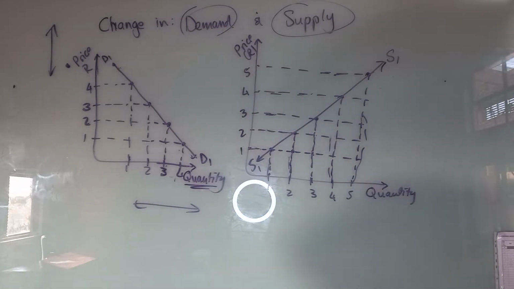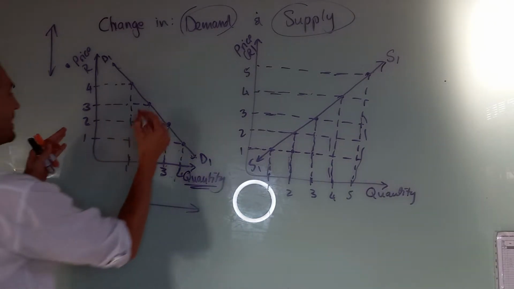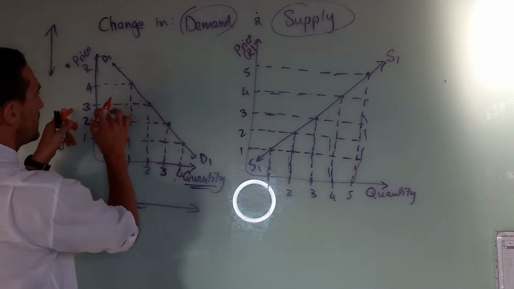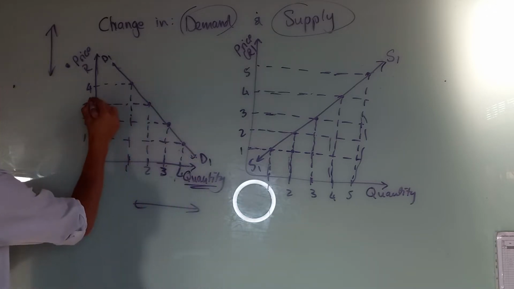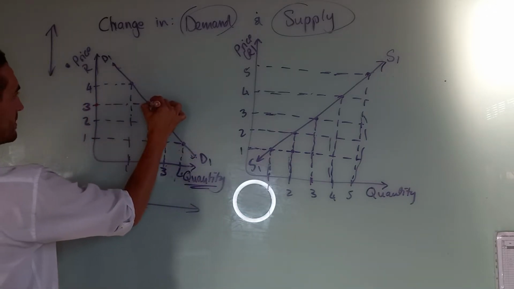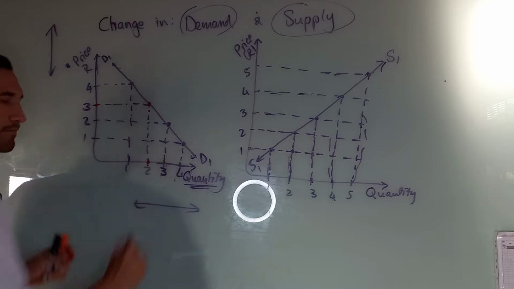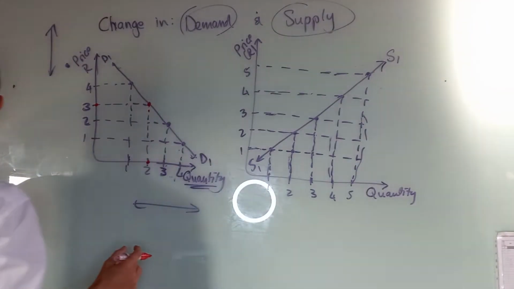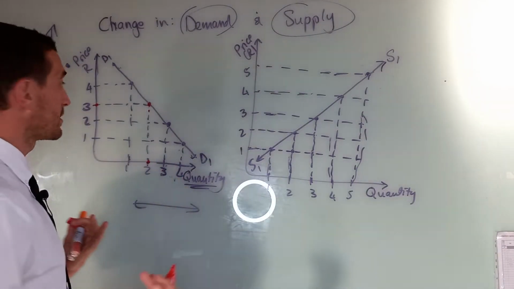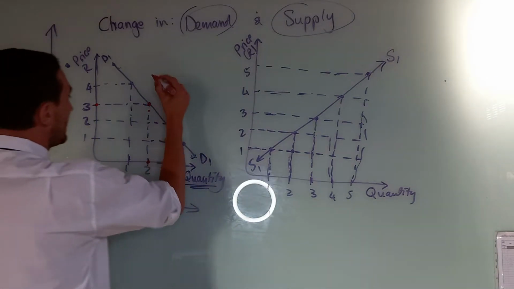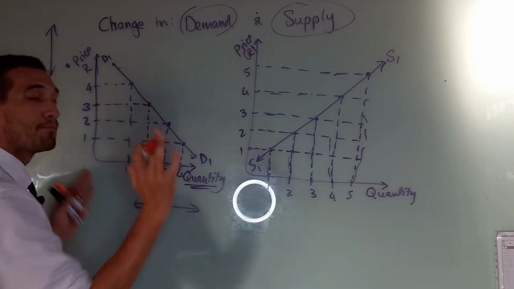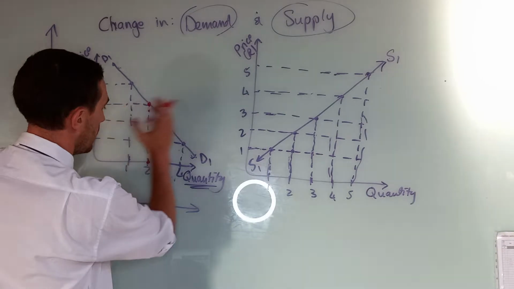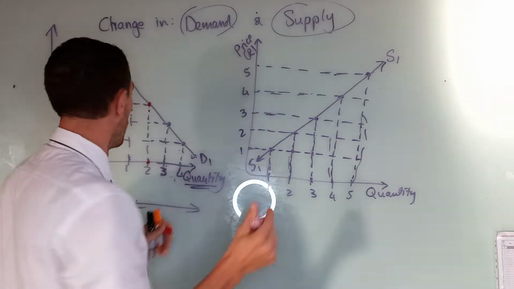So how does that look visually? Now you have to first understand that, let's say the demand for a product at 3 Rand is 2 units. We all know that. But now let's say the income of the consumers increase. Now that leads to them at the same price actually wanting to buy more.